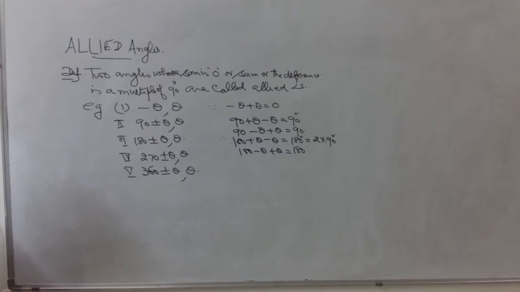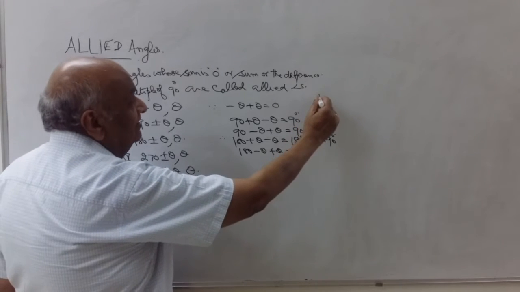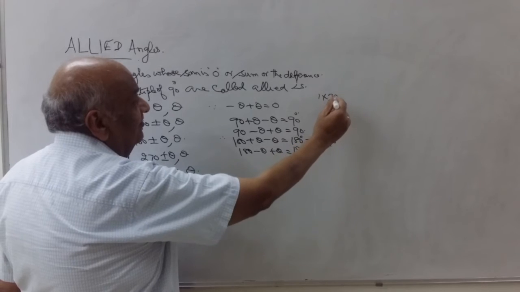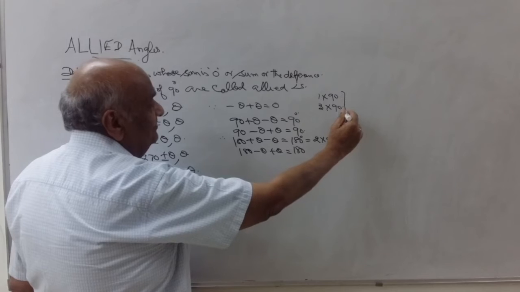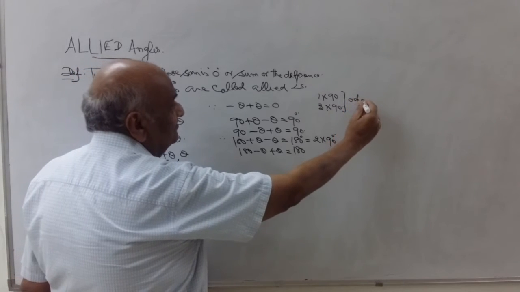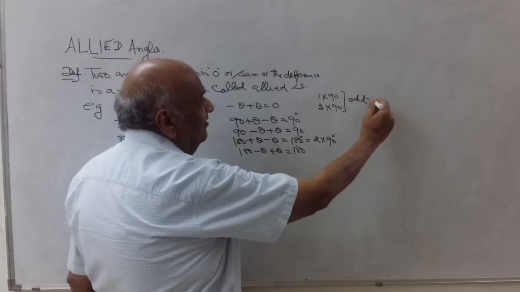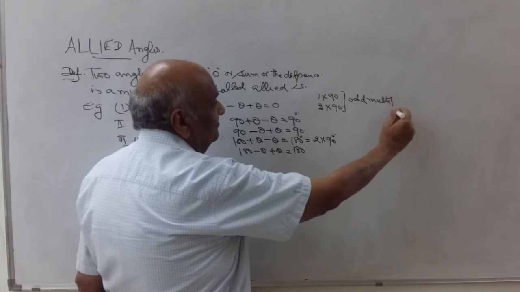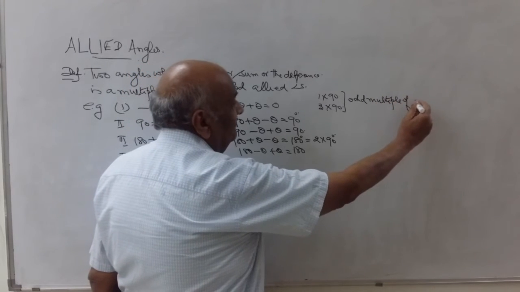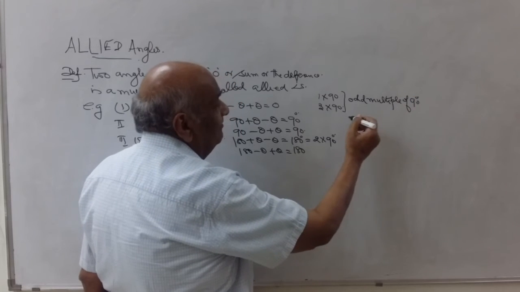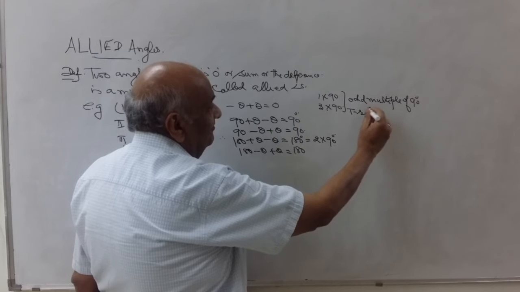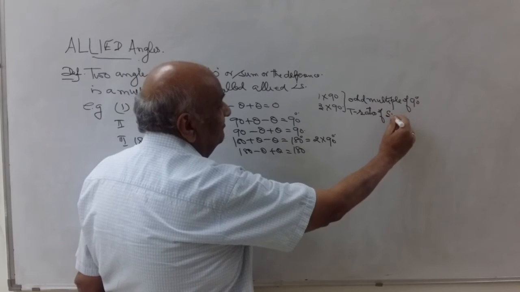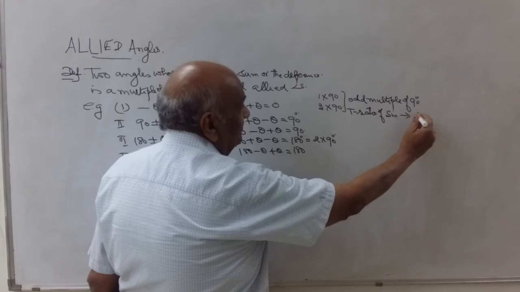See, you must note a point here that if you have 1 into 90 or 3 into 90, check out, this is the odd multiple of 90. So here what happens? T ratio of sine will change to cos.